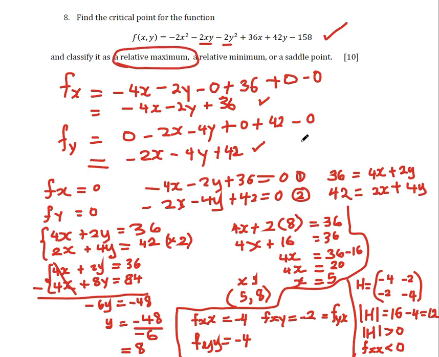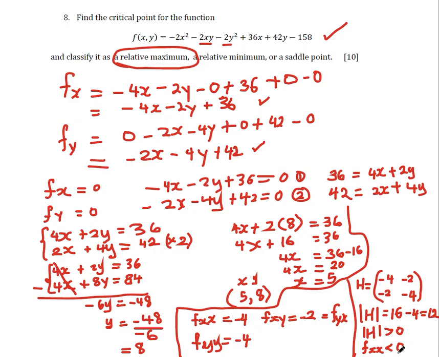And the reason why we were able to deduce that there's a relative maximum is because when we took the determinant of the matrix of the partial derivatives, we got 12, which is greater than 0. And therefore, we just need to evaluate fxx to determine if it is less than 0 or more than 0. Since negative 4 is less than 0, we conclude that there's a relative maximum.